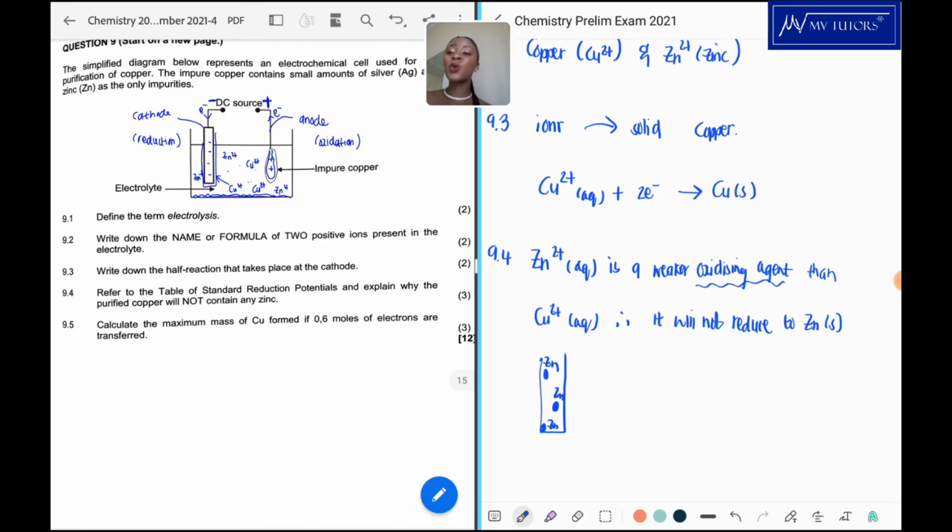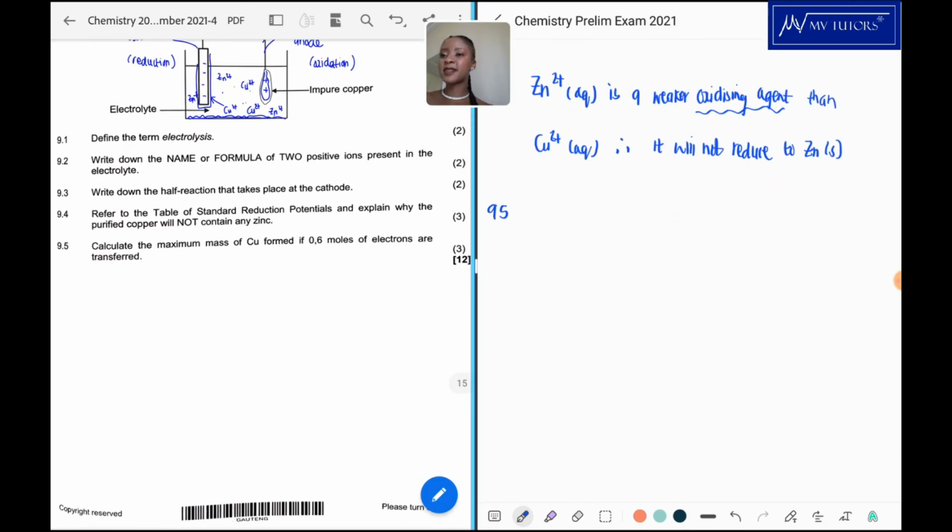It's only copper that will, because copper has a higher reducing ability, so it will reduce to the solid copper. I hope you get it. And then 9.5.